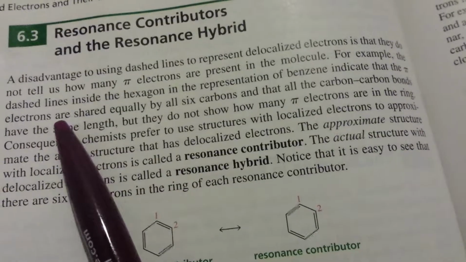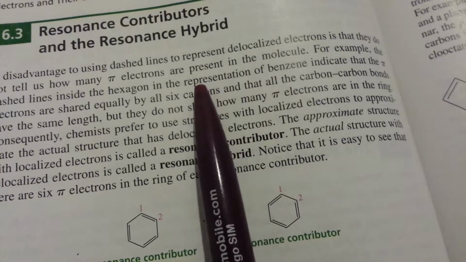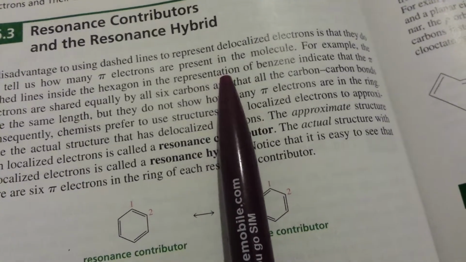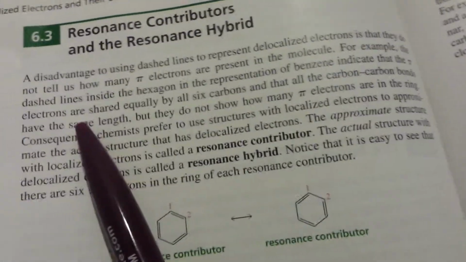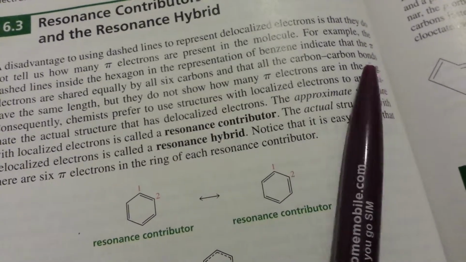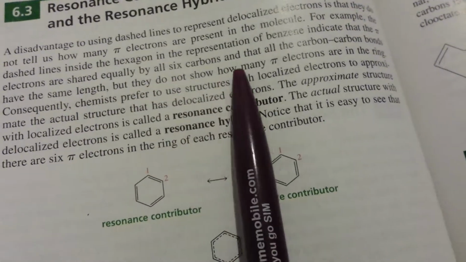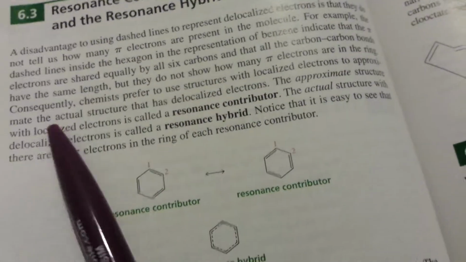The dashed line inside the hexagon indicates that the pi electrons are shared equally by all 6 carbons and that all the carbon-carbon bonds have the same length, but it does not show how many pi electrons are in the ring.